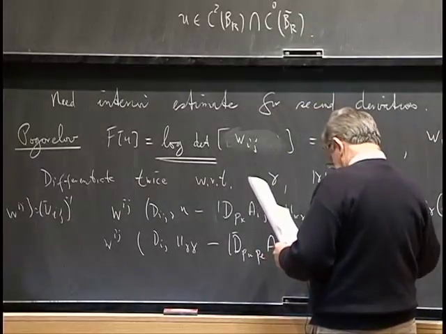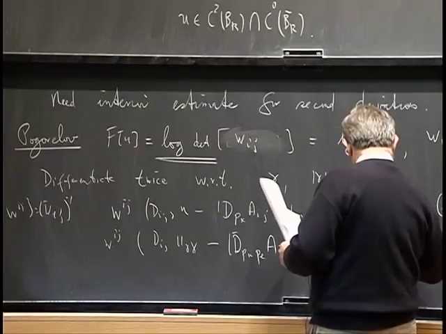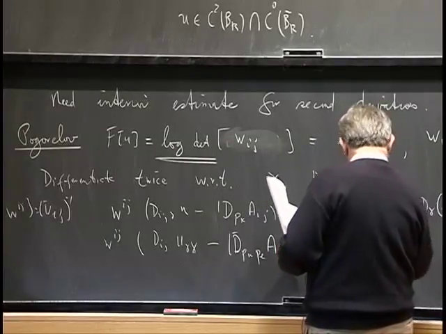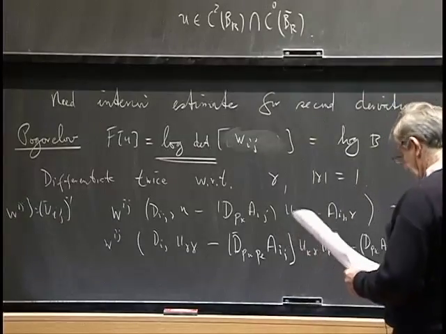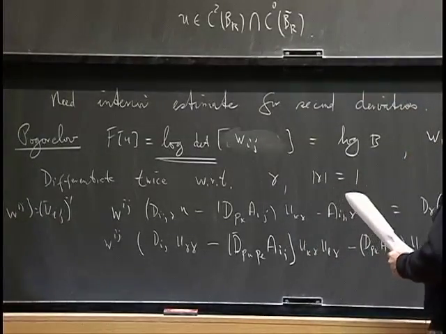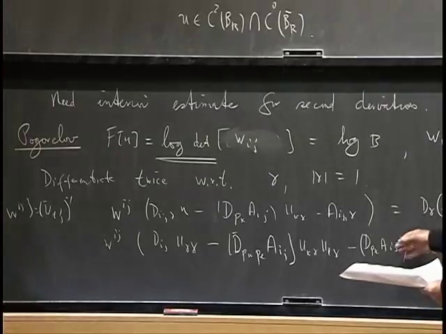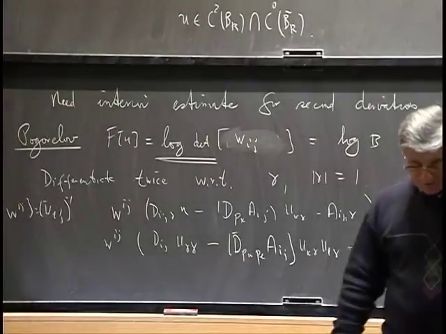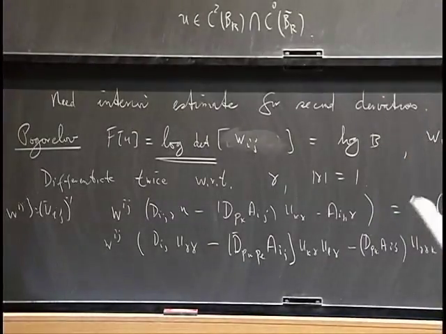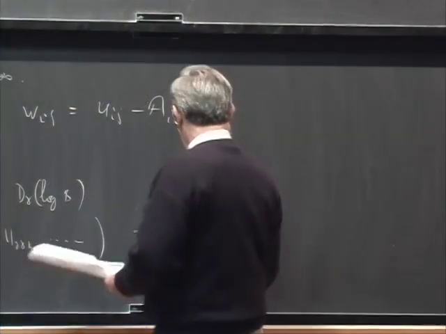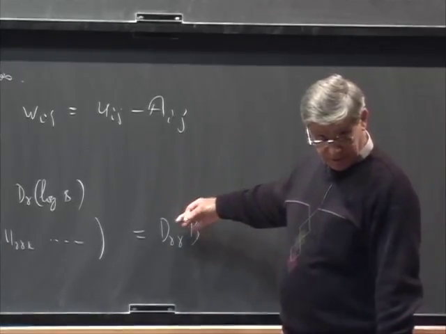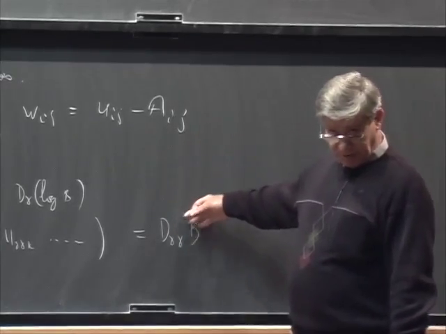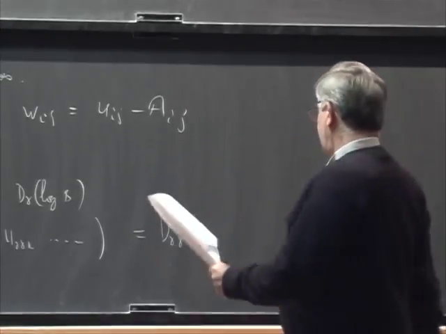There'll be, for example, a D_pk of A_ij, and we'll have a u gamma gamma k, so a first derivative of this function u gamma gamma, etc. I put dots, I mean basically terms that won't give any trouble later on. And this will be a D gamma gamma now of the b. I know all about this. It's no more than quadratic in the second derivatives. So we know that the worst behavior here is quadratic in second derivatives, so just ignore it.